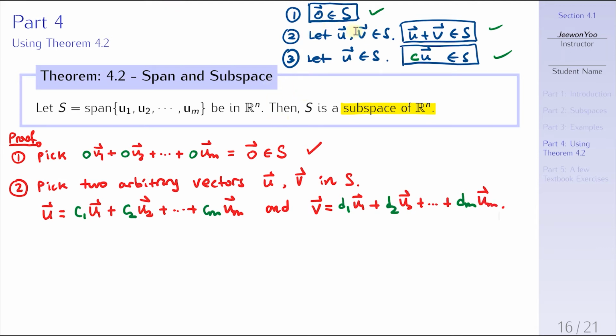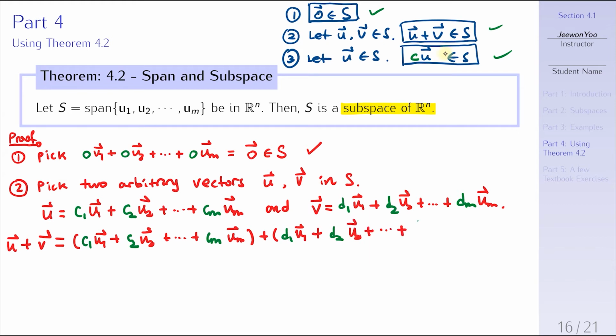Now look at the second condition, everyone. We would like to check u plus v, whether u plus v is in S or not. Do you guys understand everything so far? We just add u and v together and hopefully show that the addition of this vector and this vector also lives in the span of these vectors.